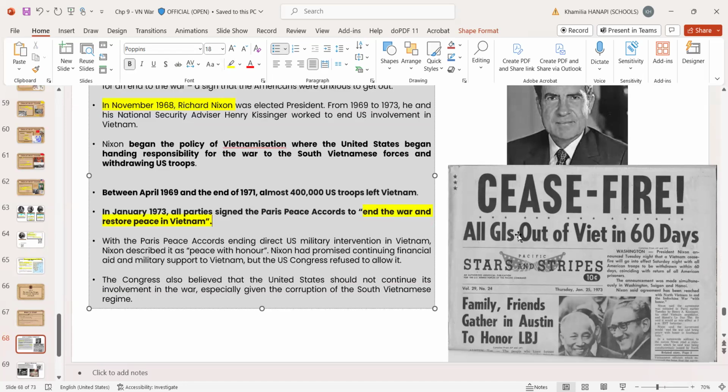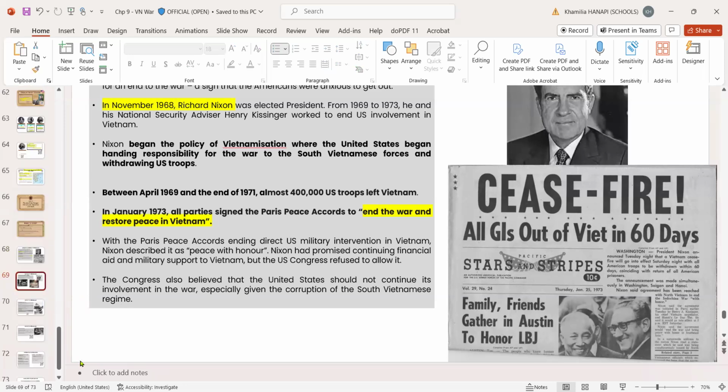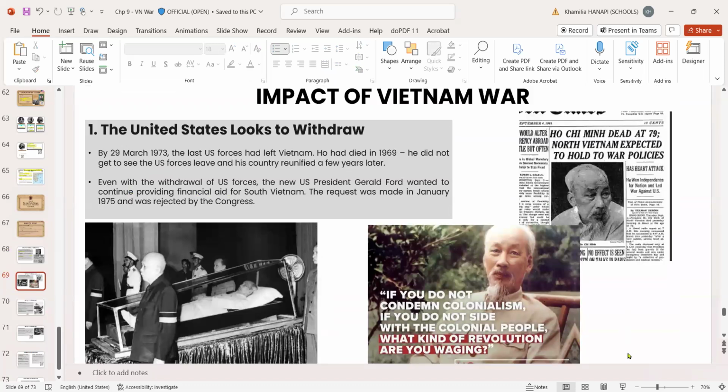All GIs, what the locals call the American soldiers, out of Vietnam in 60 days. Even though Nixon, the president, wanted to continue the war, the war was ongoing, and it was so bad in terms of the morale of the people back in America as well as the morale of the soldiers. Now the United States withdraws.